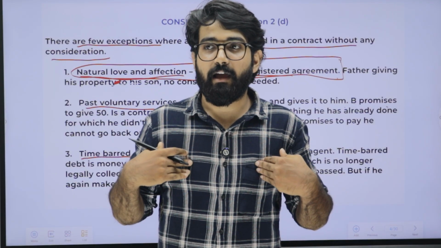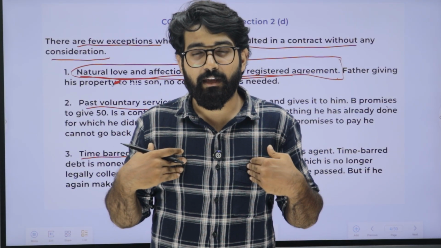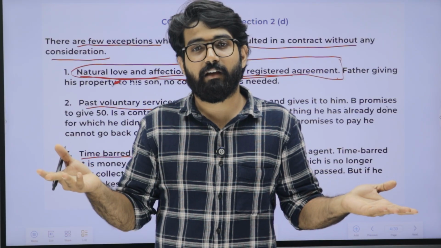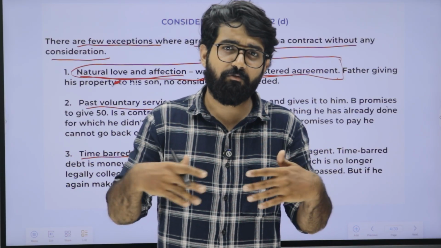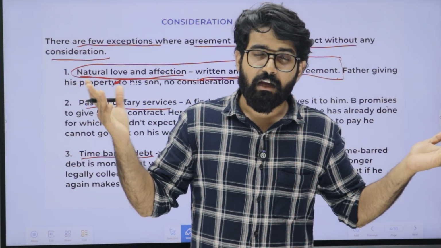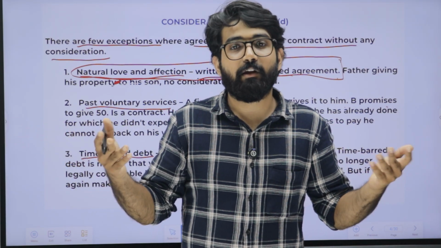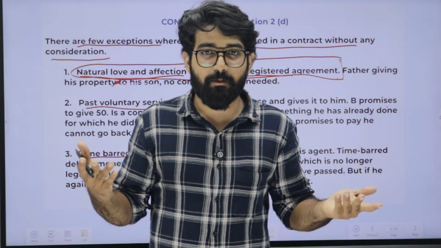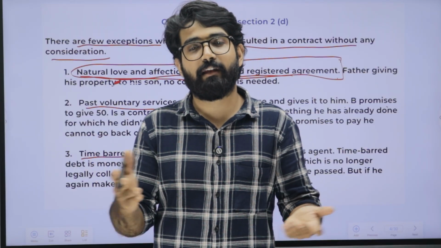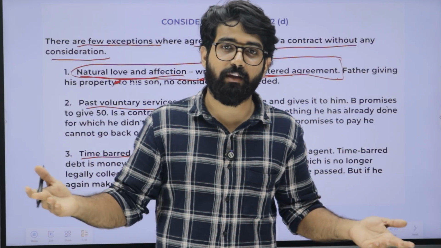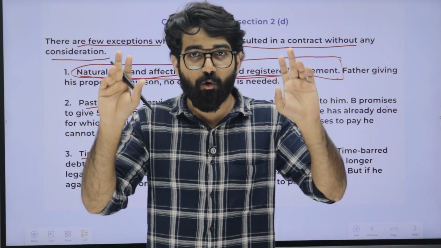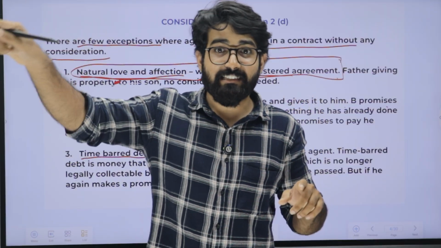Someone has lent me some money, and he hasn't asked for repayment for about 16 years. Now he cannot come one random morning and claim that money from me. Why? Because the statutory limitation period was over. So what the law says here is that he has a right.